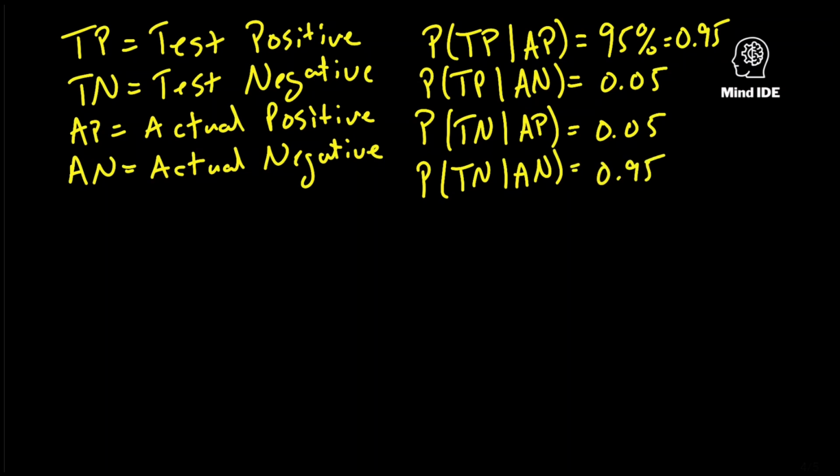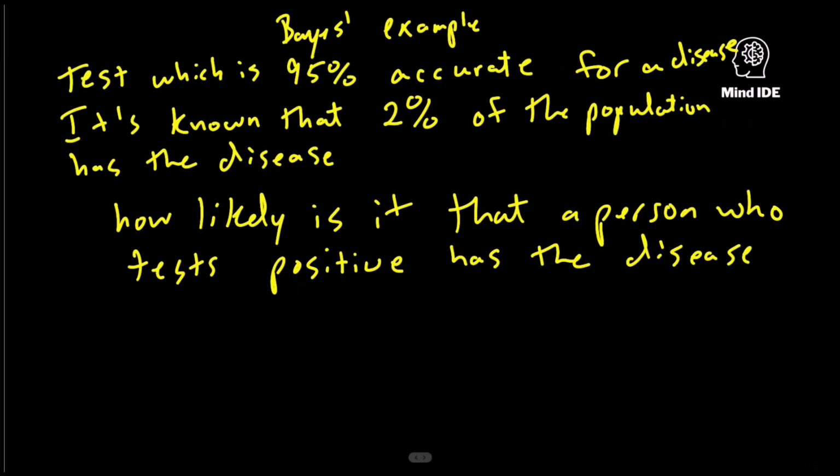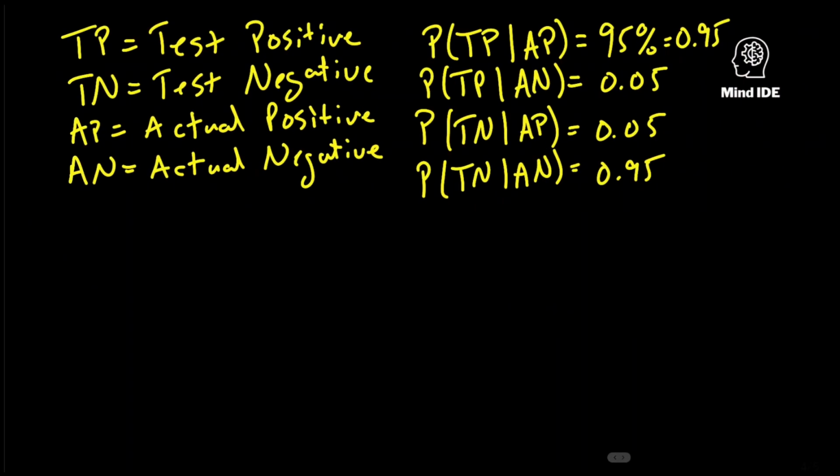So can we make sense of this? So you're always going to have to add up to 100% of the cases. So the first one is you test positive when you're actually positive. It's a 95% chance. The test is 95% accurate. Test positive when you're actually negative is a 5% chance.